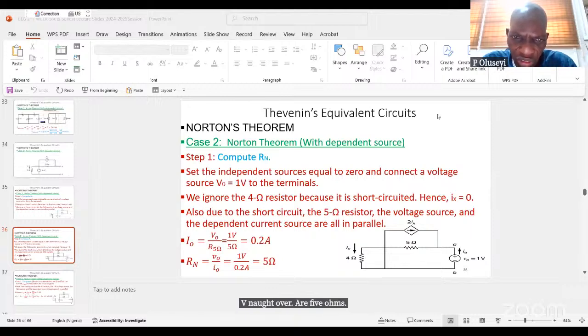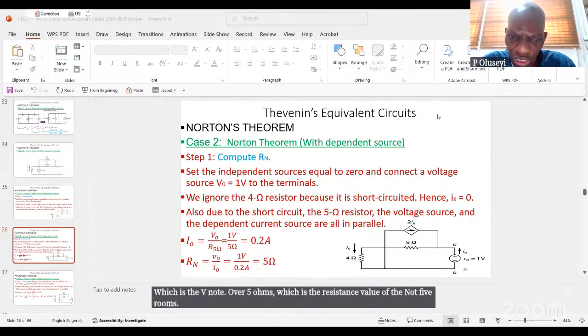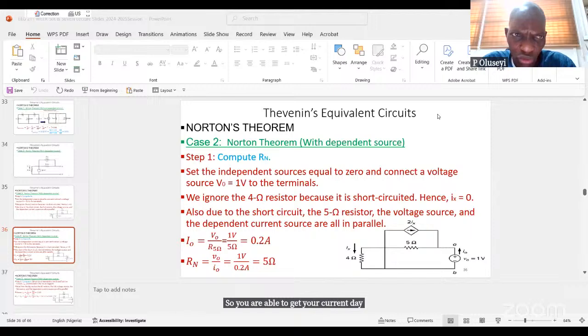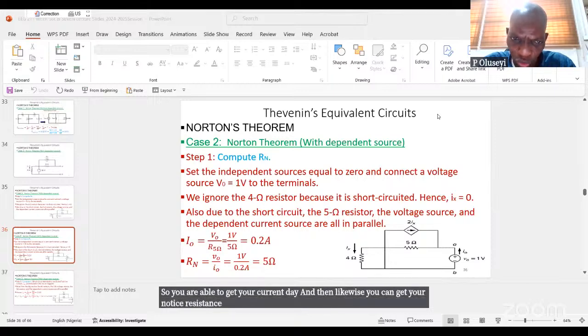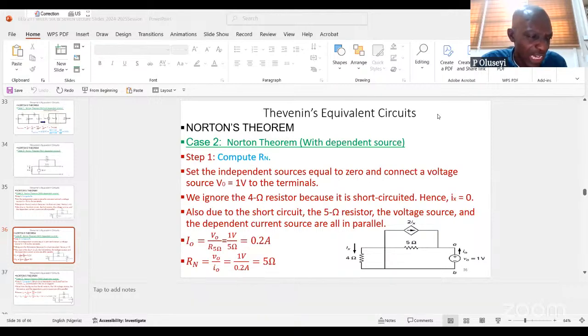That gives us 1 volt, which is the V naught, over 5 ohms, which is the resistance value of R5. So you are able to get your current there. And then likewise, you can get your Norton's resistance, which is V naught over I naught, which is still Ohm's law. And by the time you resolve that, you get what you have in this place.